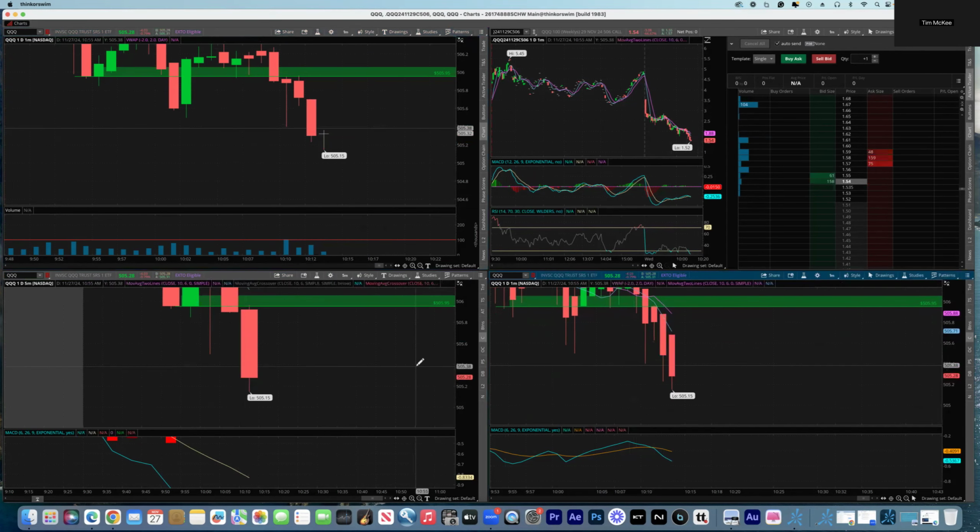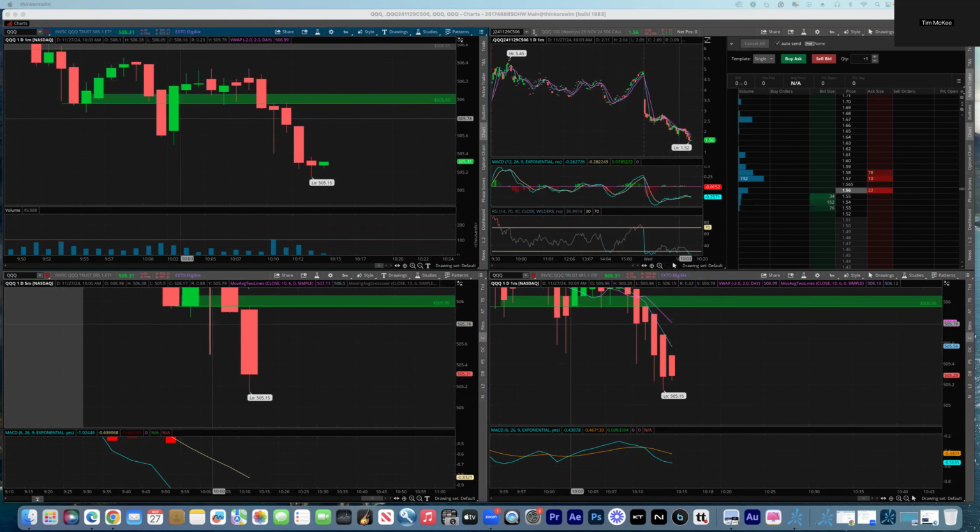So we're still in this pattern of lower lows, lower highs. You can see how we're kind of, let me get my drawing tools, how we're kind of creating this wave action. And we'll see if we continue in this wave action.